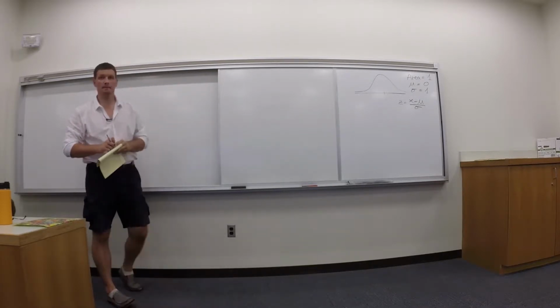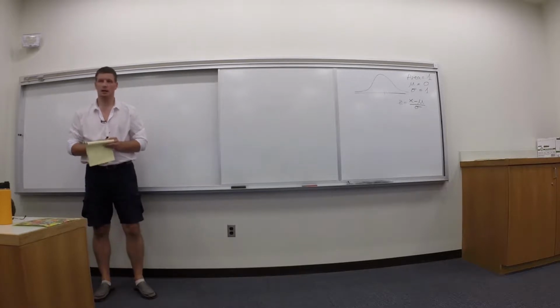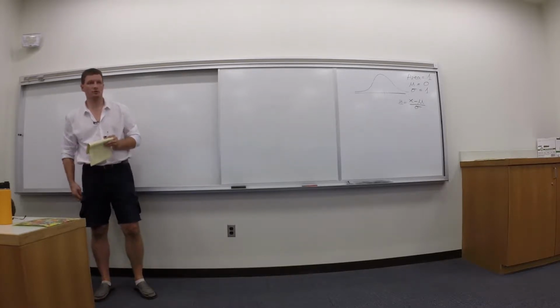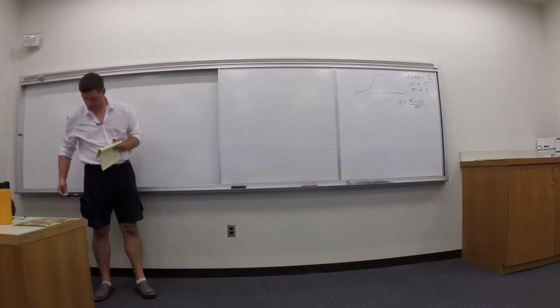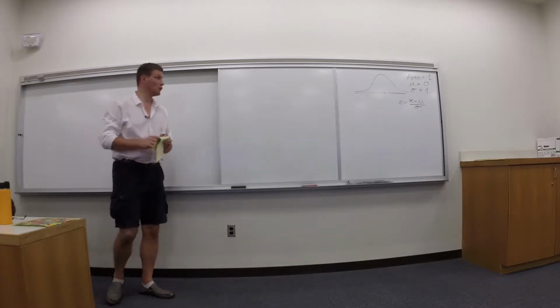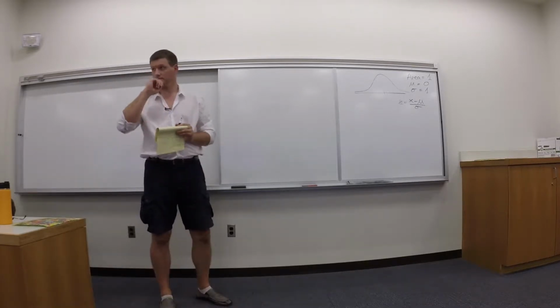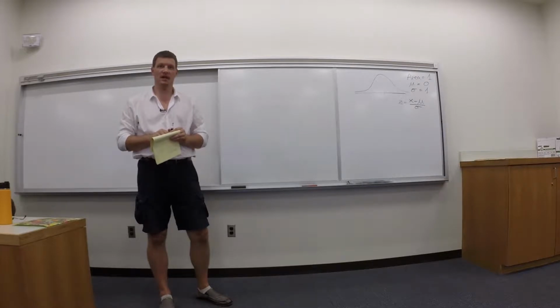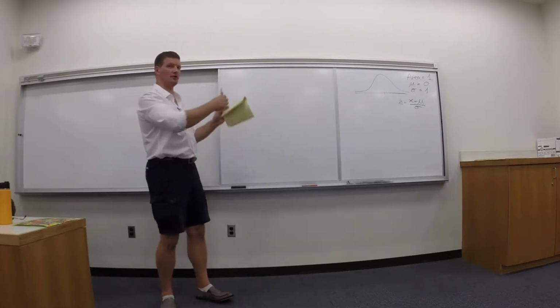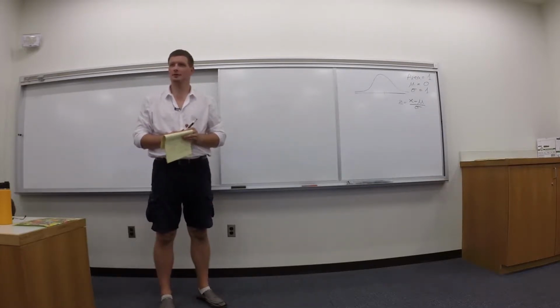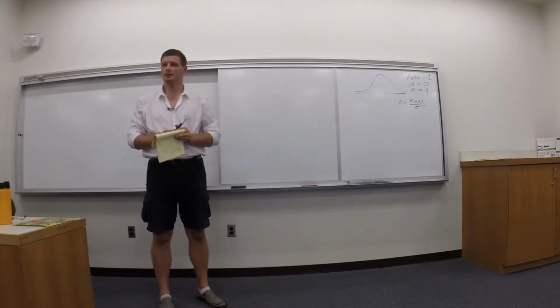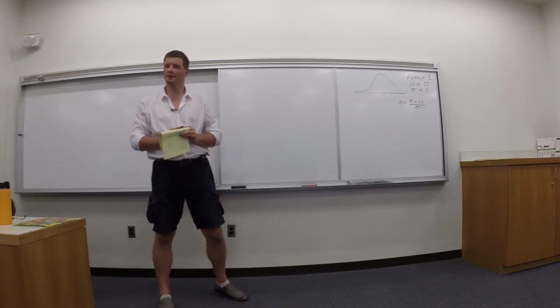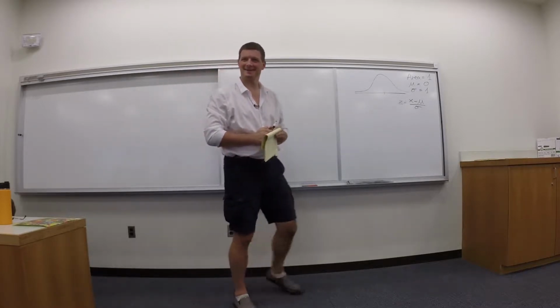Now, why do we do that? Why do we bother forcing the area to be equal to 1? 1 is the whole, right? 1 is like the whole picture that you're looking at.